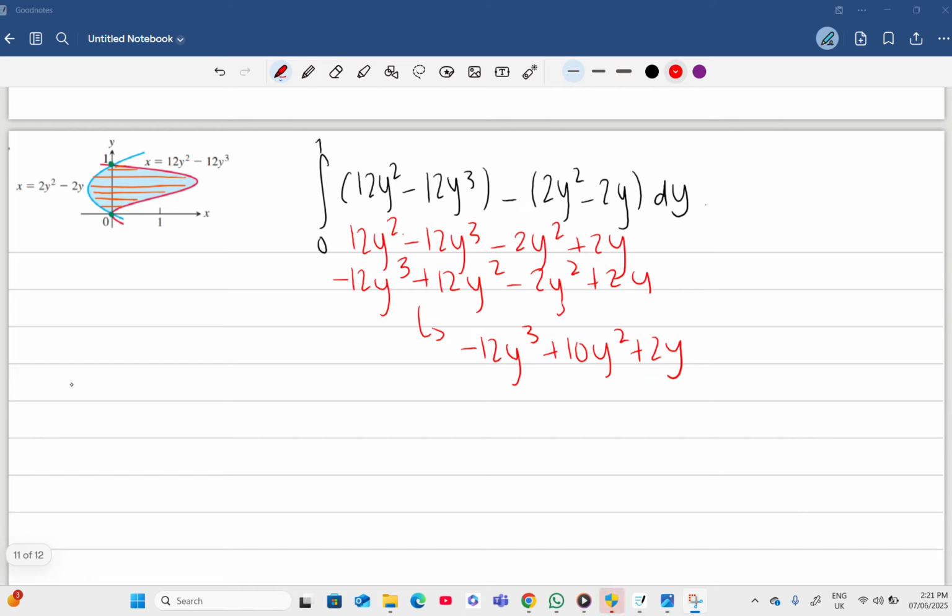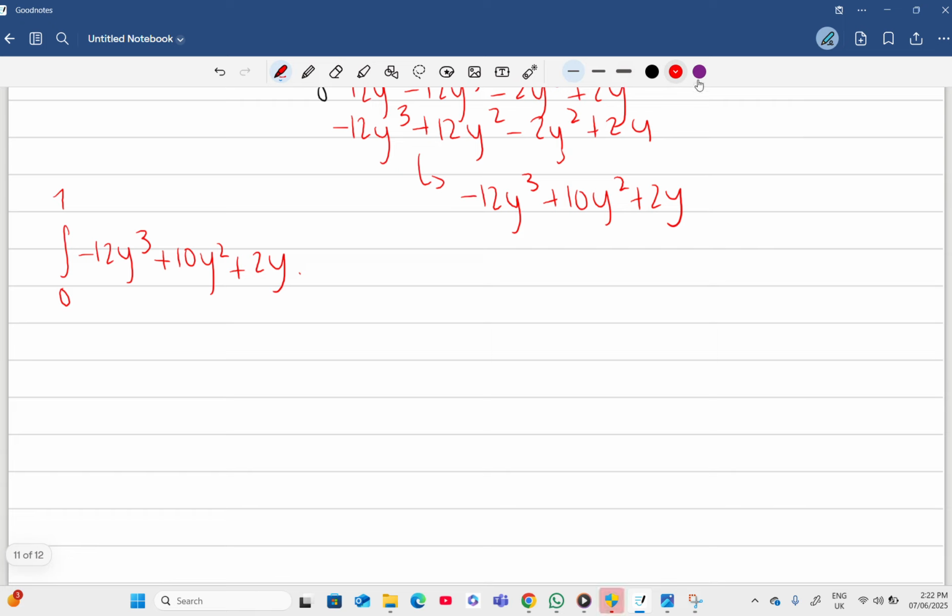So let me rewrite my new integration. From 1 to 0 of negative 12y cubed plus 10y squared plus 2y. Okay, so let me solve the integration.